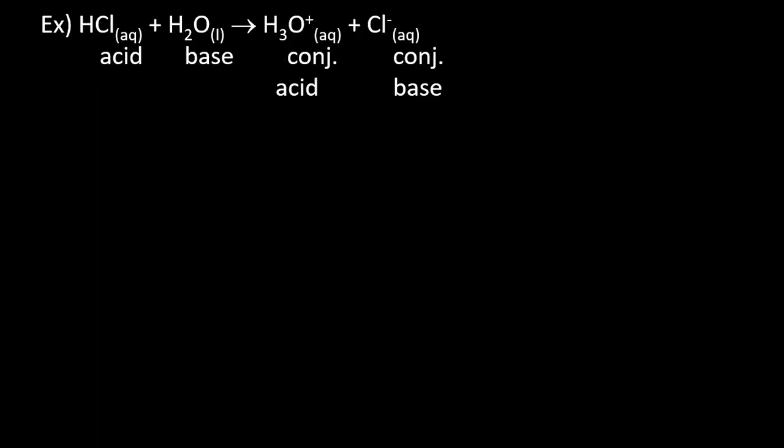So if we have, let's say, the situation where we put hydrochloric acid into water, then water actually acts as the base in this scenario. And so we have the acid donating the proton going to the base, the water molecule, forming the hydronium ion, which is our conjugate acid to the water base.